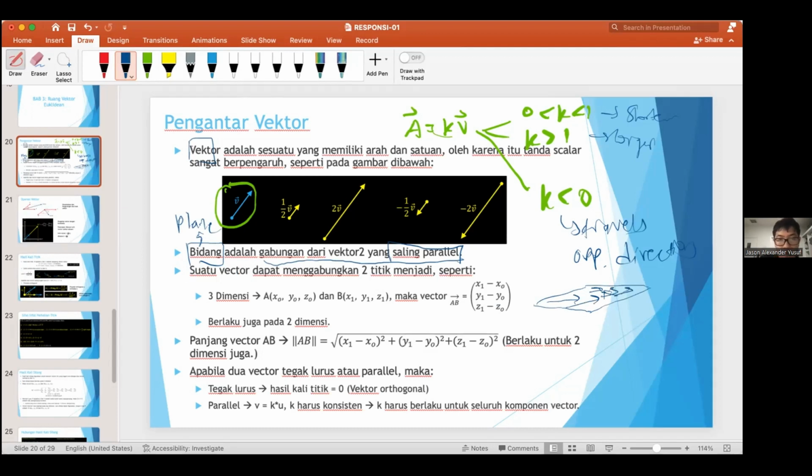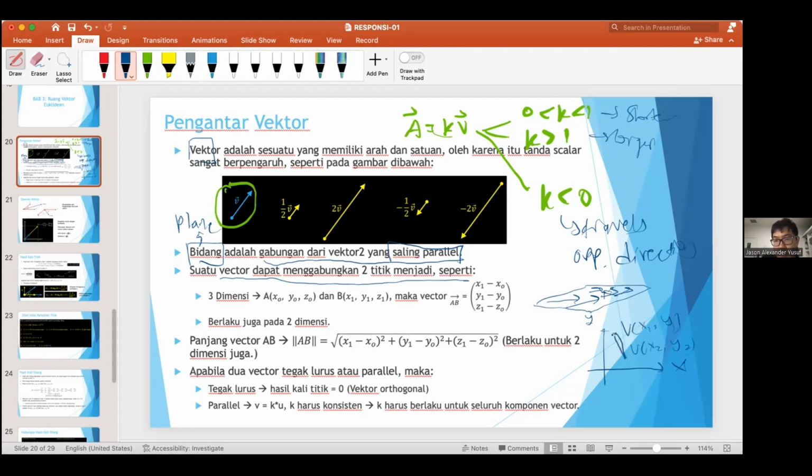And a vector can also consist of two different points on a plane. Let's say we have an xy plane, and we have here V, which is x1 comma y1, and U, which is x2 comma y2.